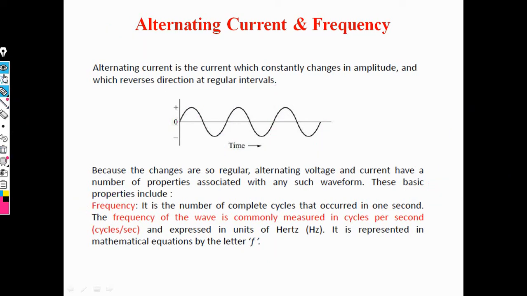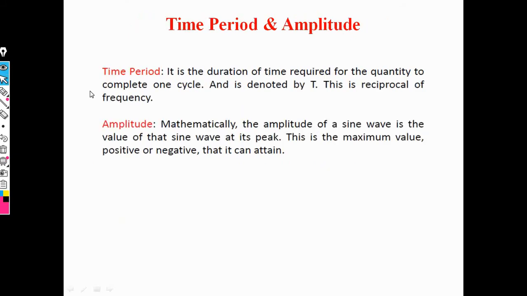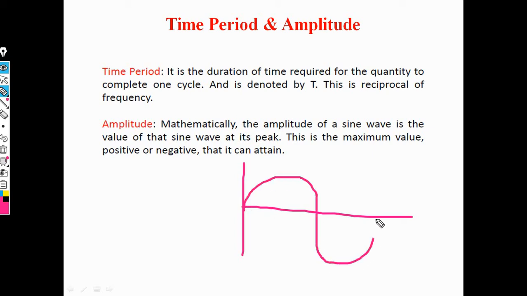The next point is time period and amplitude. Time period is defined as the duration of time required to complete one cycle. For example, this is a sinusoidal waveform, where we have considered voltage here and time here.